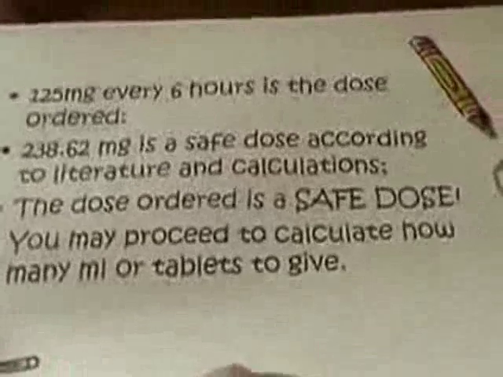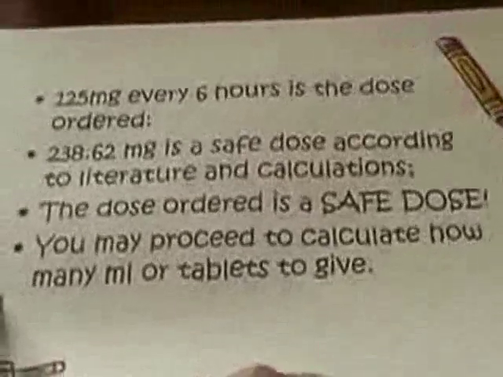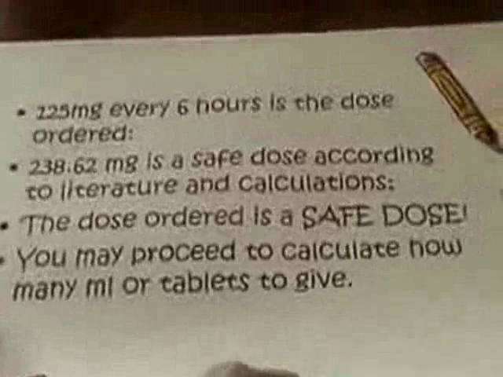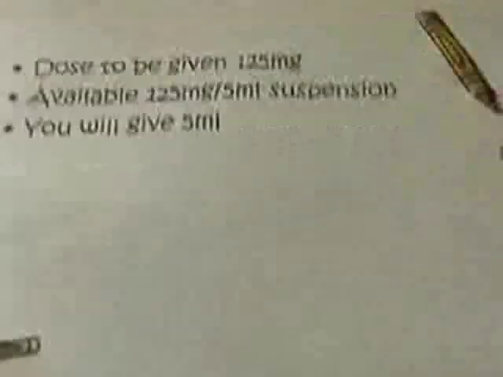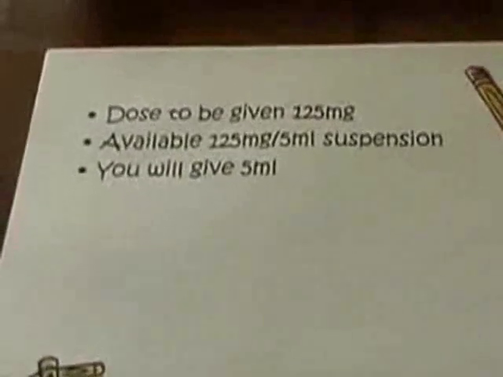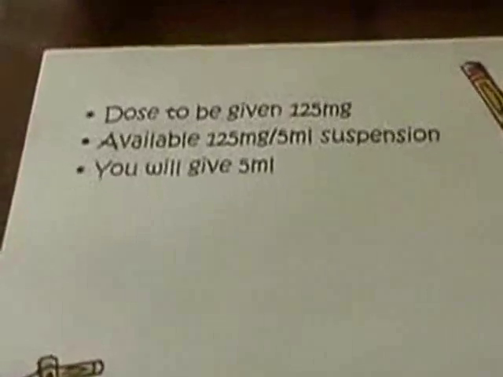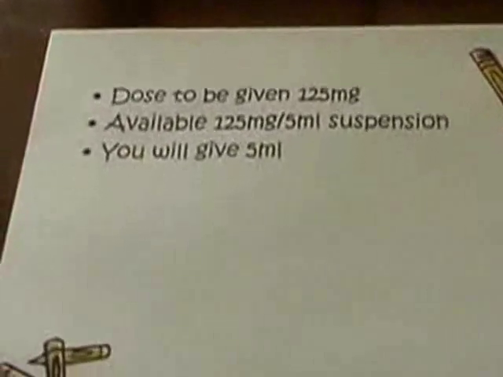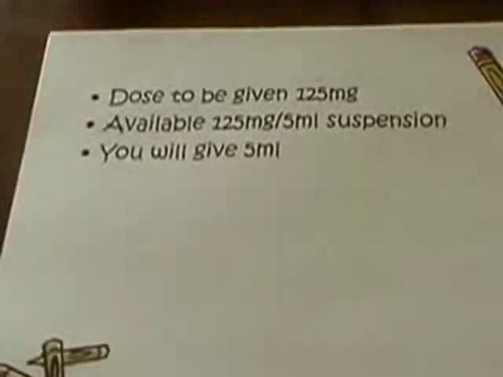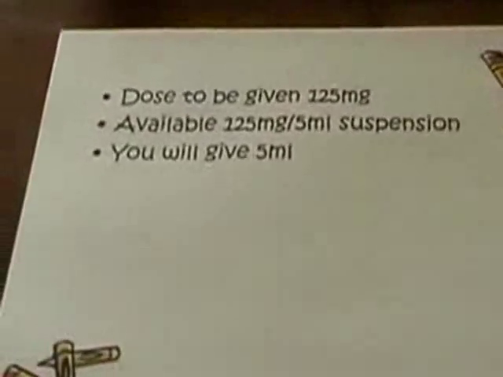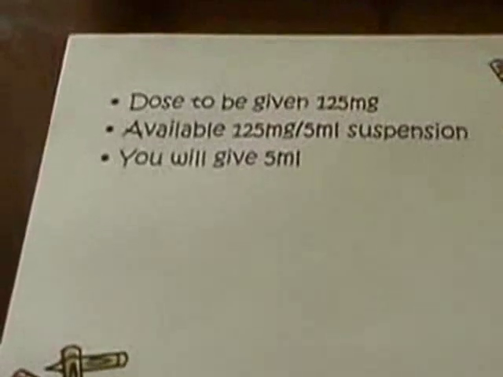Now you can proceed to calculate how many milliliters you will actually give. Our dose to be given is 125 milligrams. We have available 125 milligrams per 5 milliliters of suspension. We will give 5 milliliters.